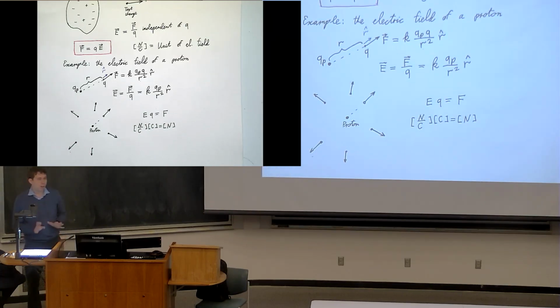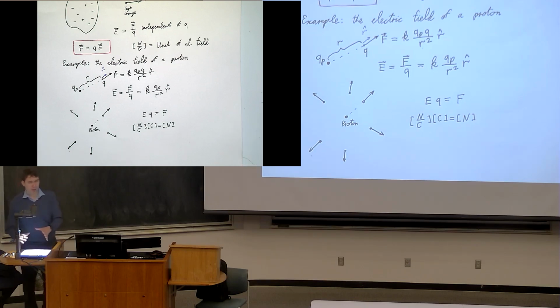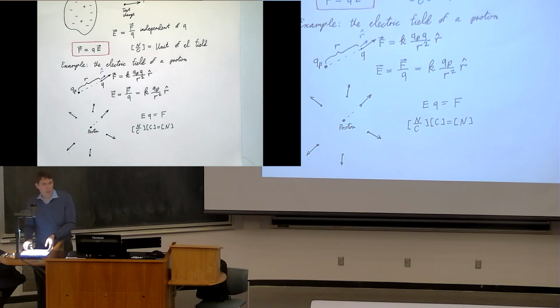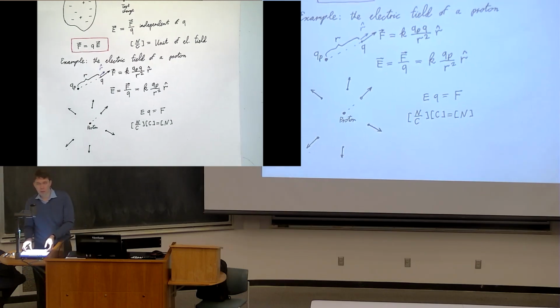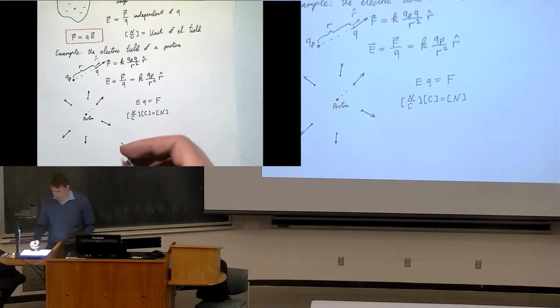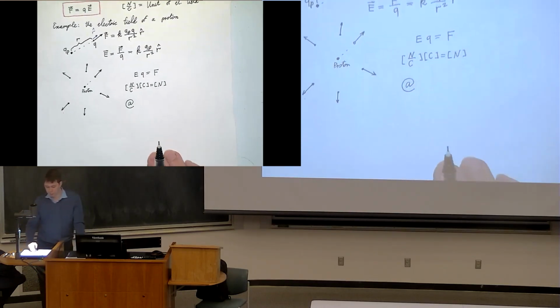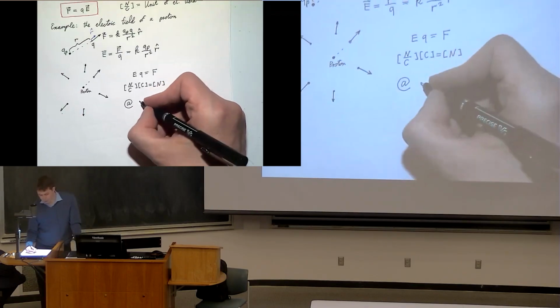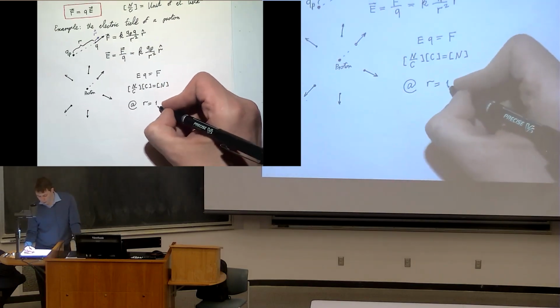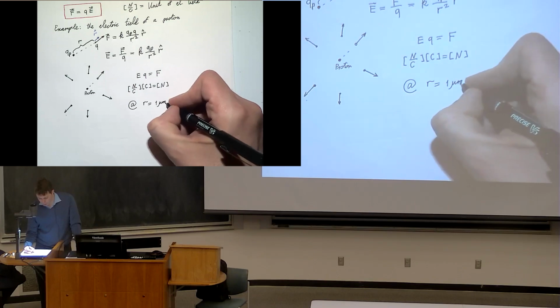And when you do calculations, please make sure that you've got the right units, and just track the dimensions of all equations in your answer. Well, now we know the units. Let's compute, say, the electric field of a proton at a distance of 1 micron.